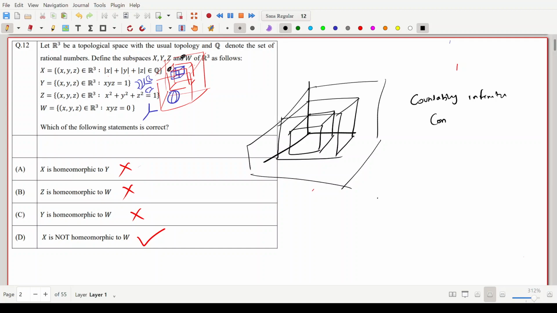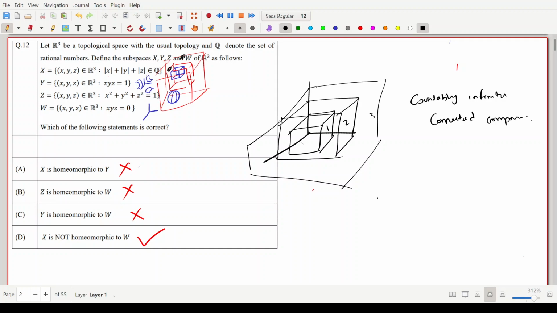What do you mean by this? That means the first cube is one of my connected components because everything is connected here, and the second cube is again one more connected component of my set. So I'm having the first component, second component, third component, and it will go with all the rationals.